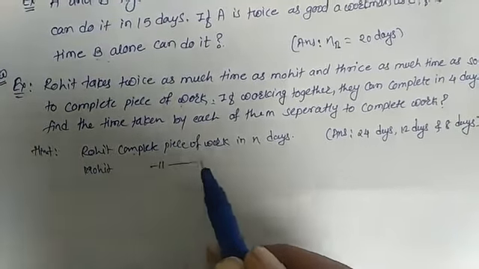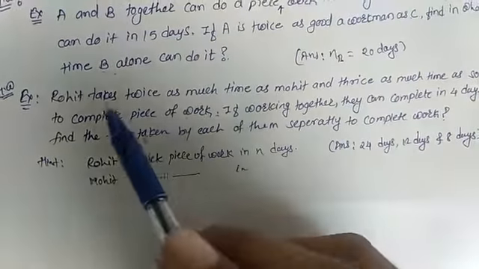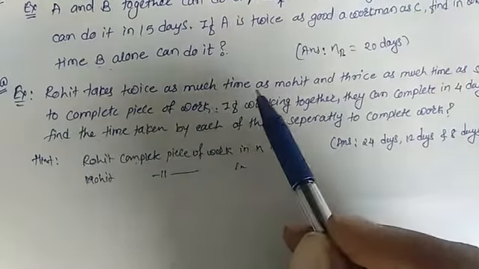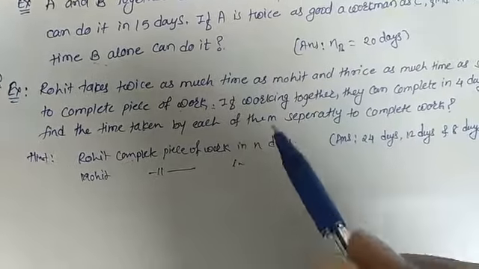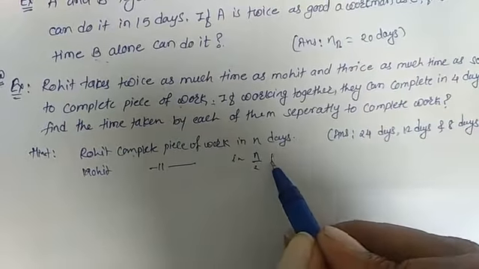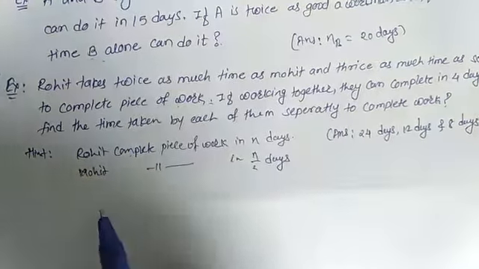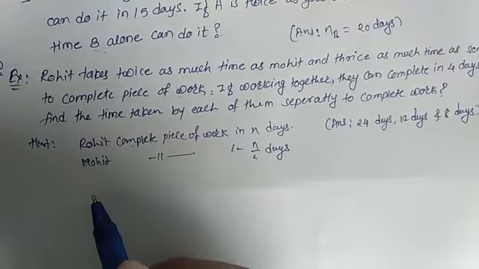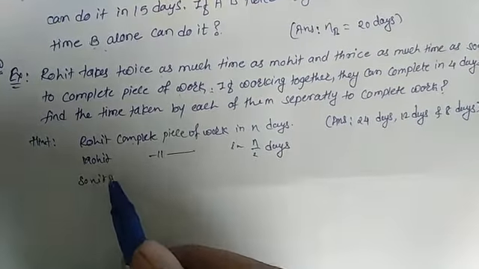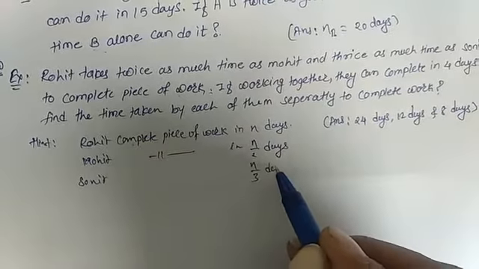Rohit takes twice as much time as Mohit, so it will be n upon 2 days for Mohit, and for Sonit it will be n upon 3 days.